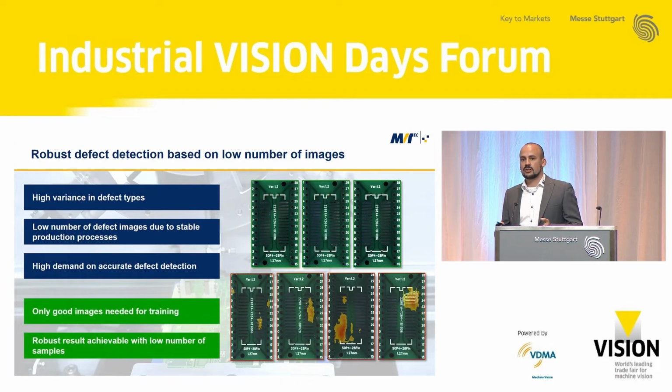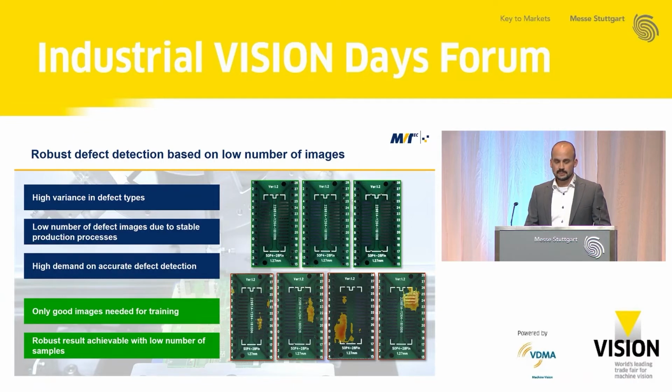So the big advantage of deep learning in this kind of scenario is that you only need good images for training, and you can come up with only a low number of images for the training, so you don't need hundreds of thousands of images. A very nice example which shows the power of anomaly detection deep learning algorithms.